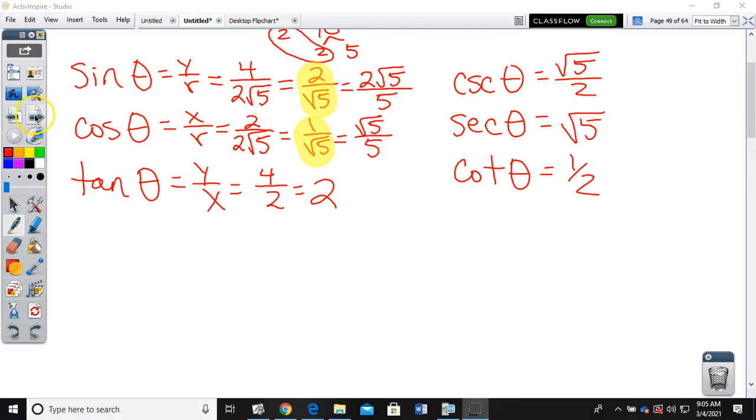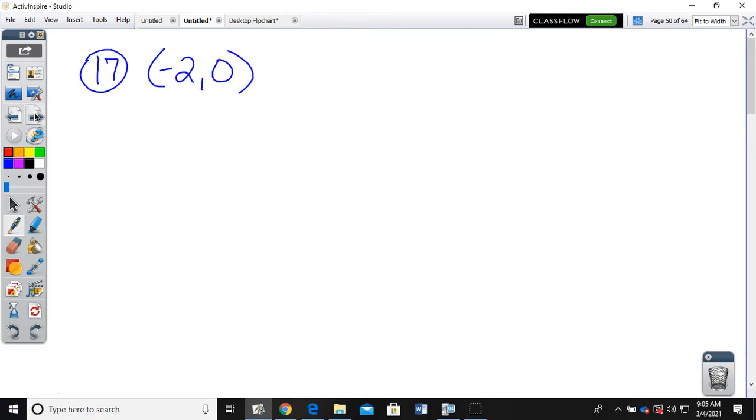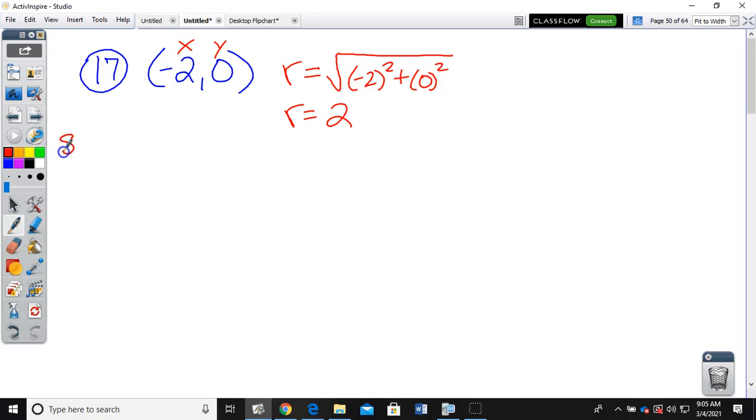All right, our next one, very similar. They give us an x and a y. Get your r. R is the square root of negative 2 squared plus 0 squared. R will be 2. That's what that simplifies to.